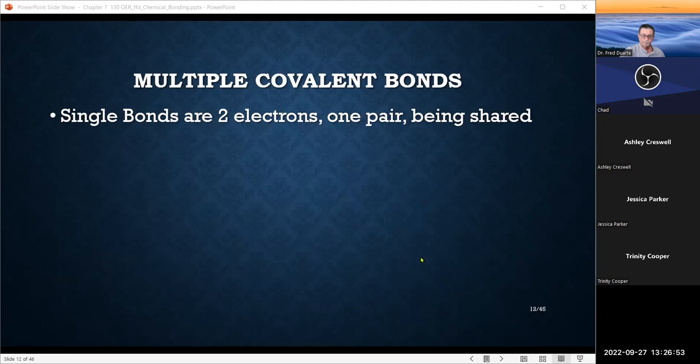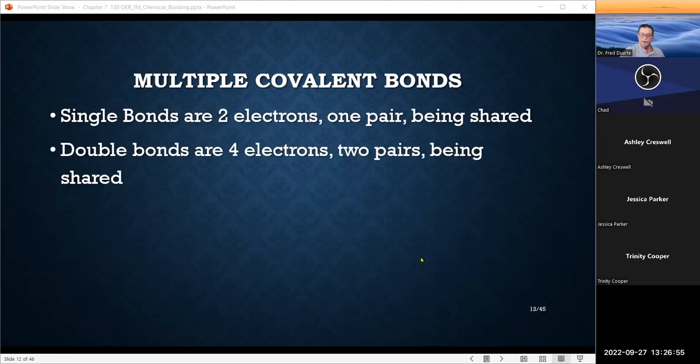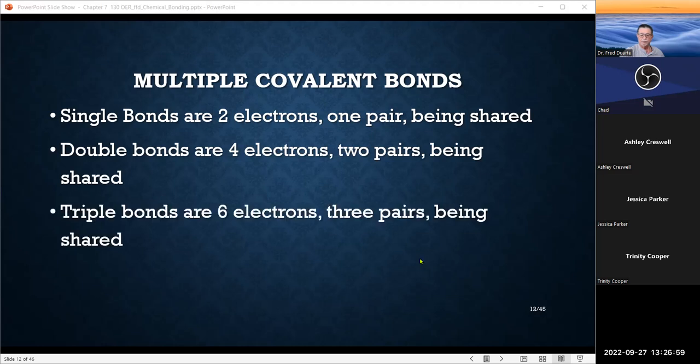A single bond is the sharing of 2 electrons. A double bond is the sharing of 4 electrons, and a triple bond is the sharing of 6 electrons. So what we do, one way to demonstrate that is, let's put a bond between 2 carbons. So I draw a line, one line represents 2 electrons.